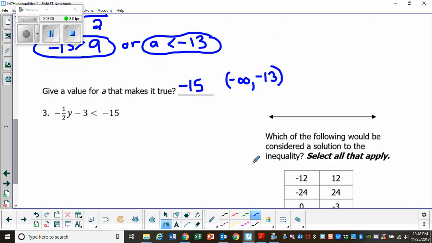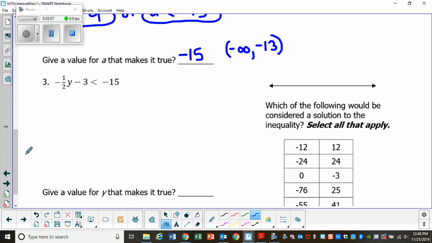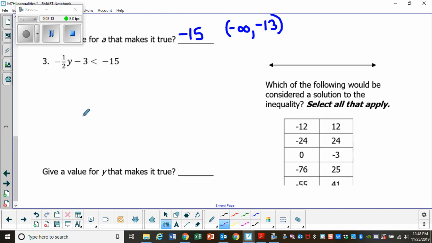Okay, so this next example is the first example where the coefficient is negative because of the negative 1/2. So again, we're still going to solve it like a two-step equation, except now since it's an inequality with a negative coefficient, we've got to flip the symbol. So we're going to add 3. We're going to add 3, and we're going to get negative 1/2 y is less than negative 12.